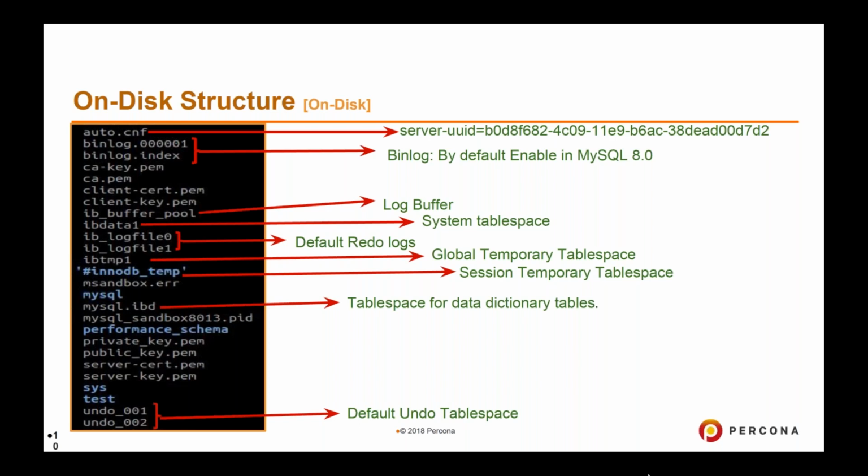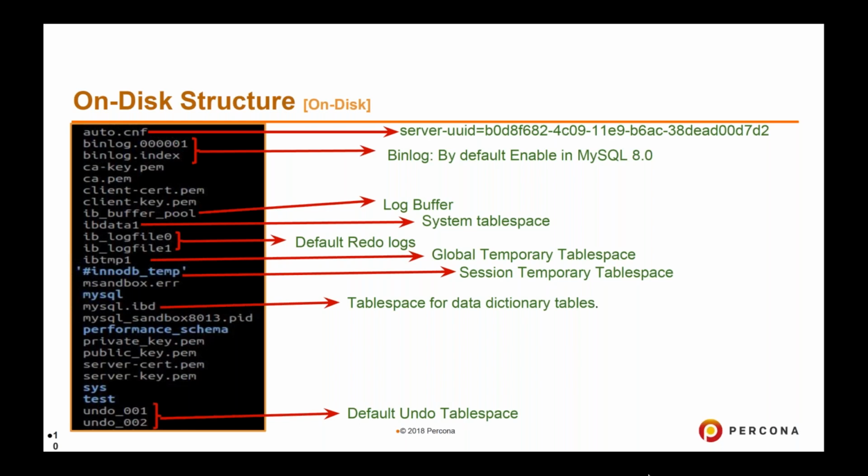Buffer pool, ib data, and ib log file are the components we discussed, and these are the defaults, with no change. The new thing you'll see is innodb temp1, and you can see the hash innodb underscore temp directory. This is something changed. In 5.7 we had by default an ib temp table space for temporary tables.